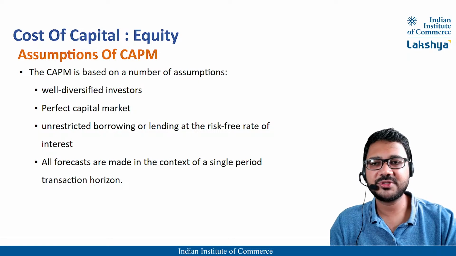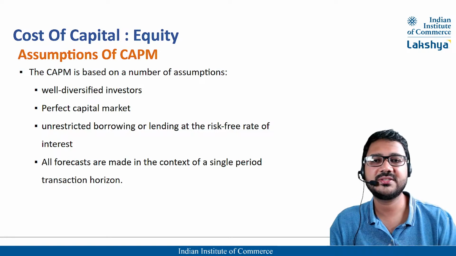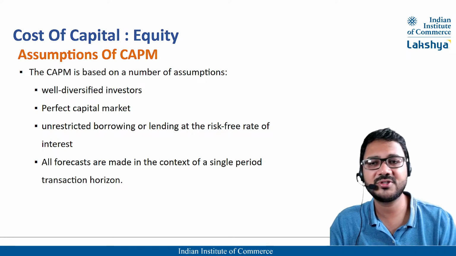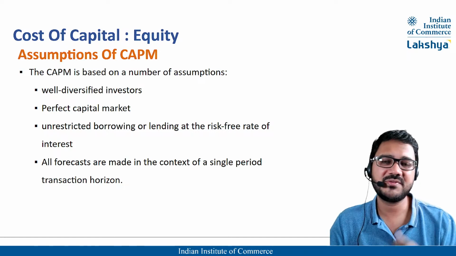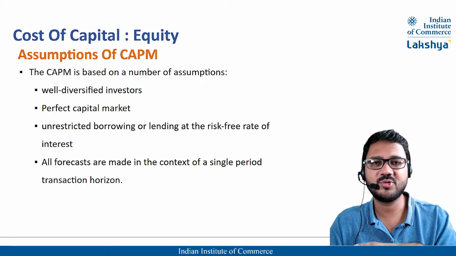So these are the assumptions. Well-diversified investors means that investors have taken care of their unsystematic risk through a diversified portfolio. The capital markets are perfect, which means everyone knows everything properly, as in information is known to all and is being interpreted in the same way.